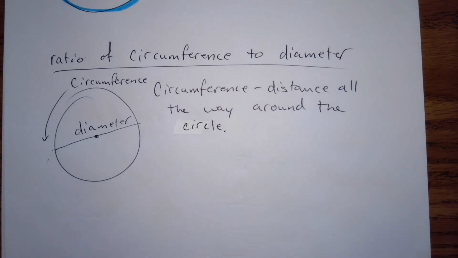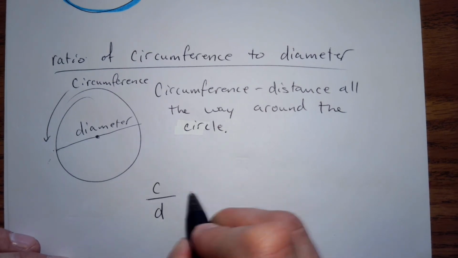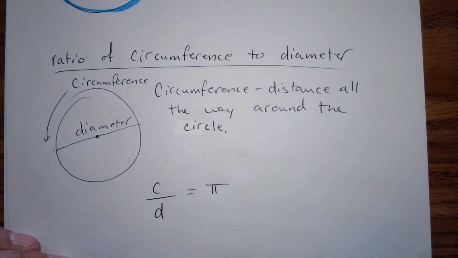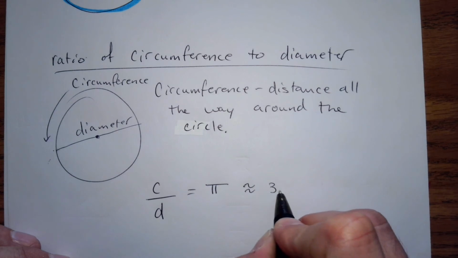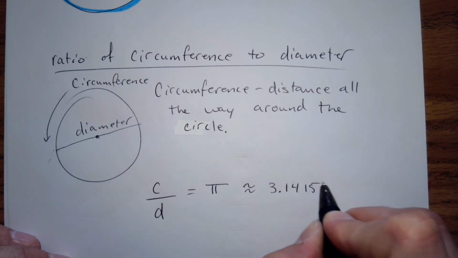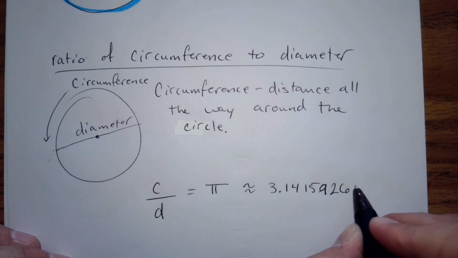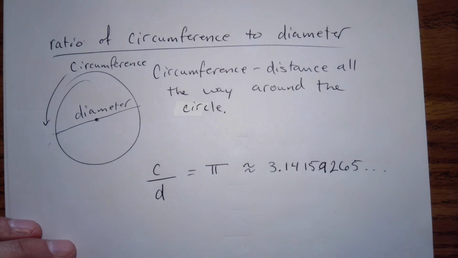Yeah, it's pi. If you have the circumference divided by the diameter, no matter what, you will get pi, which is 3.14159265, I think. Onwards and onwards and onwards. No matter what circle, if you take the circumference and divide it by the diameter, you get pi.